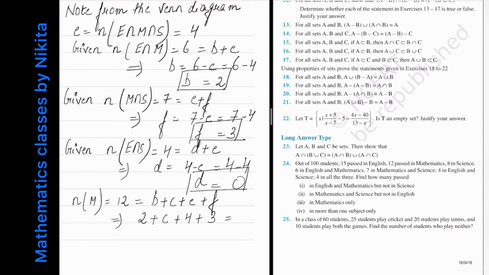So this is equal to 12. And from here you will get that C is equal to 12 minus 9, which is equal to 3. So C is equal to 3.